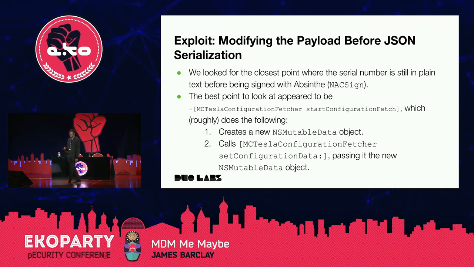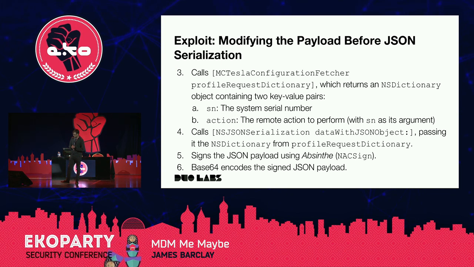It appeared that the best place to look was this MC Tesla configuration fetcher start configuration fetch method, which does the following. It creates a new NSMutableData object, calls this set configuration data method, passing it the new NSMutableData object, and calls this profile request dictionary method, which returns the dictionary that contains those two keys that we've seen earlier.